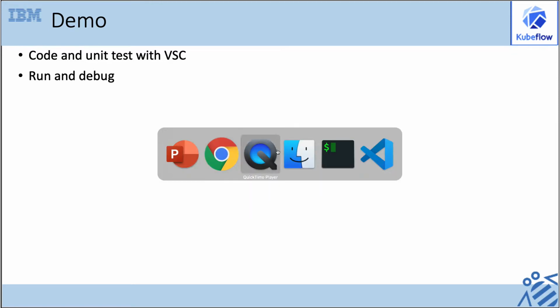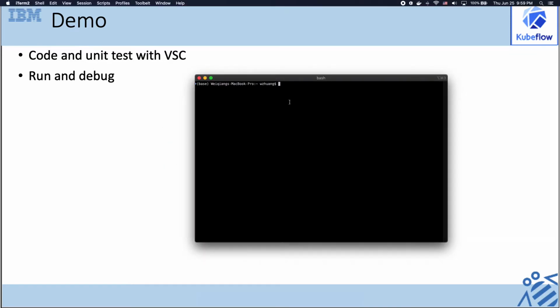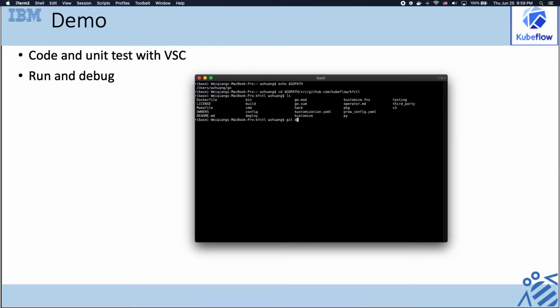So let's go there. As you see, I already set up the Go path, and I already cloned the KFServing repo here. Right now I'm on a branch called update doc, which is already created, but I want to create a new one.